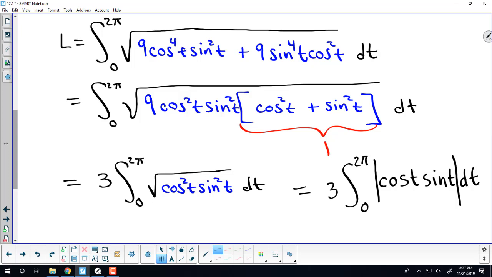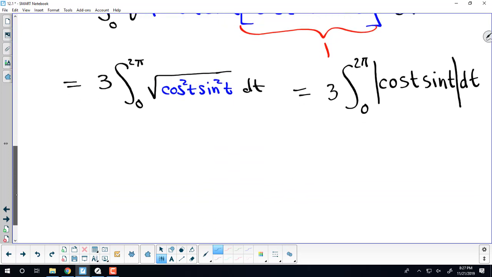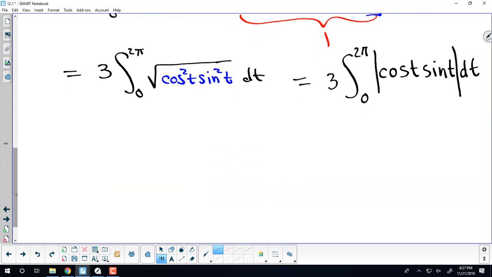So that's one way to look at it, but if we utilize symmetry, then we don't have to worry about the absolute value component here. So on the interval from 0 to pi over 2, cosine and sine are positive.